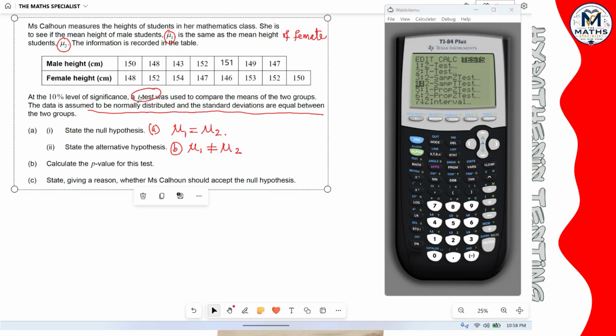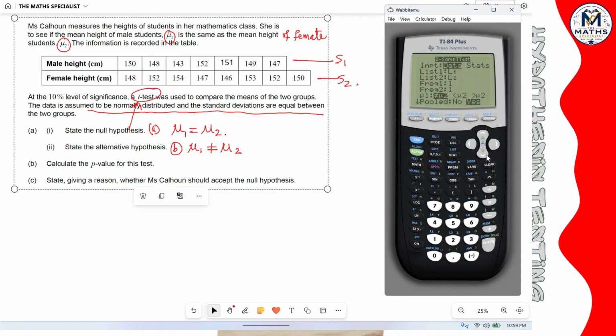Because in the question we have been asked directly to use the T test. And since we have 2 samples, sample 1 and sample 2, obviously we have to go with 2 sample T test. So then we press enter.